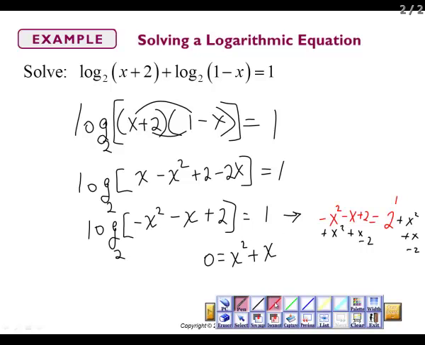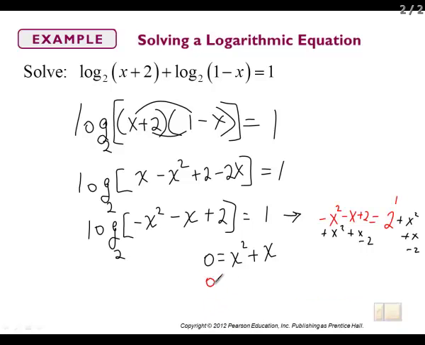But at this point, we have to factor out the common factor, which is x, and we get x times x plus 1, and so we get x equals 0 and x equals negative 1.